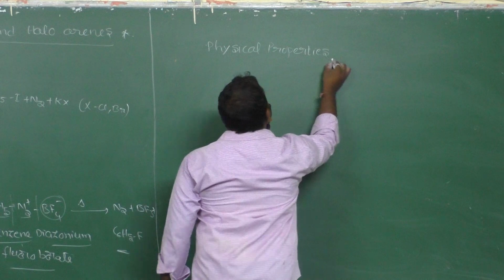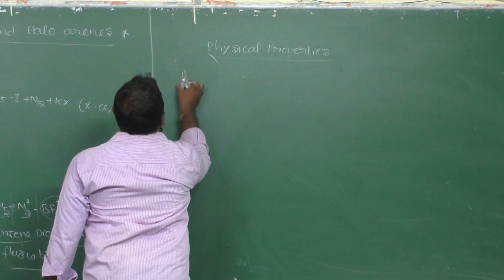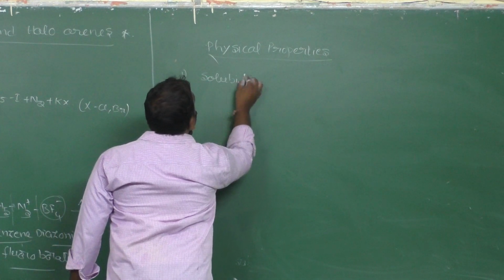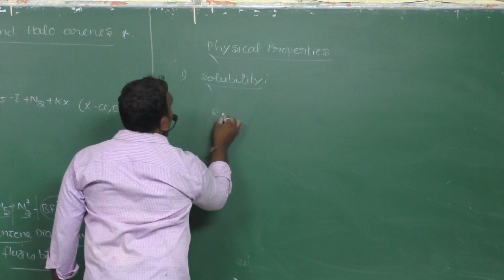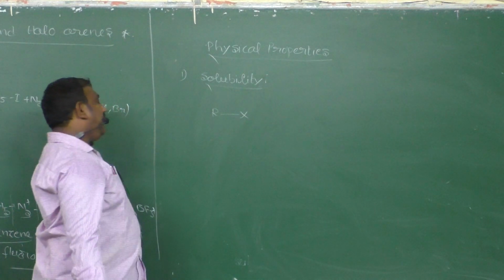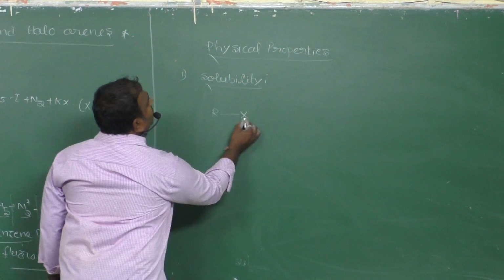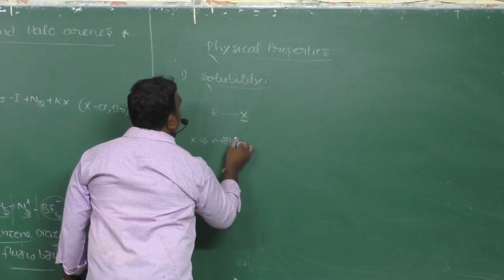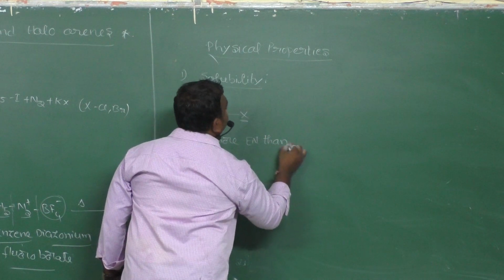Physical properties. First one is solubility. Here in alkyl halide, halogen is more electronegative than carbon.